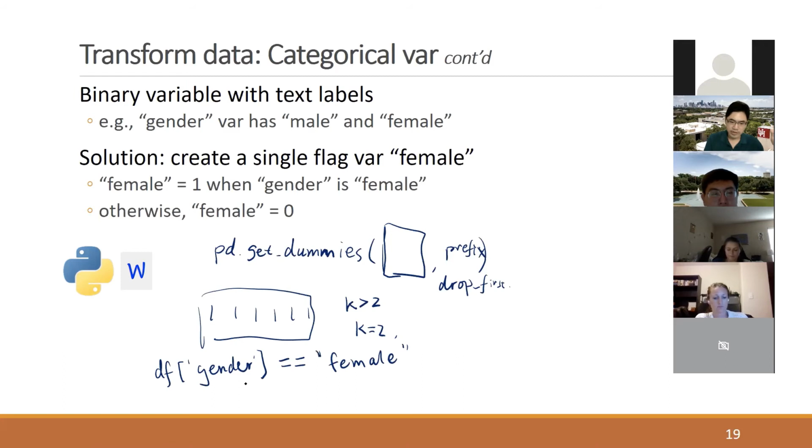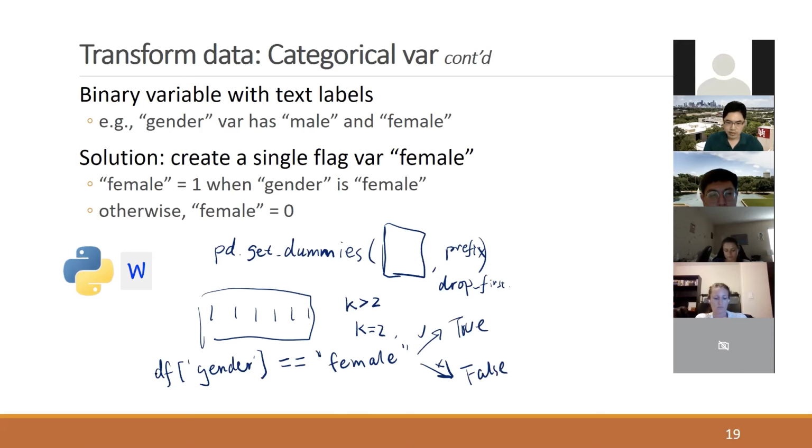So for every row, it will compare every element of this column with the label. If the value is female, it will return true. If the value is not female, which means otherwise it's male, it will return false.